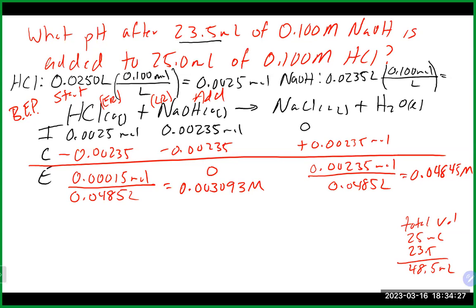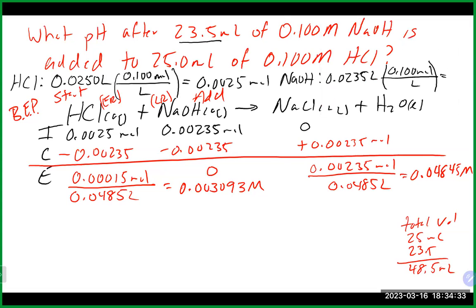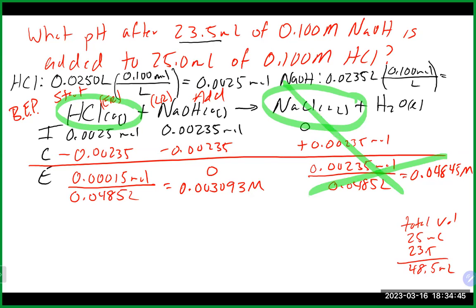All right, so once again, if you find yourself at this point not sure where you should go next, you should look and see what you got left. So once again, we got these two guys left. And once again, this is still going to be a neutral salt, which means we're not really even interested in this guy because it's neutral.